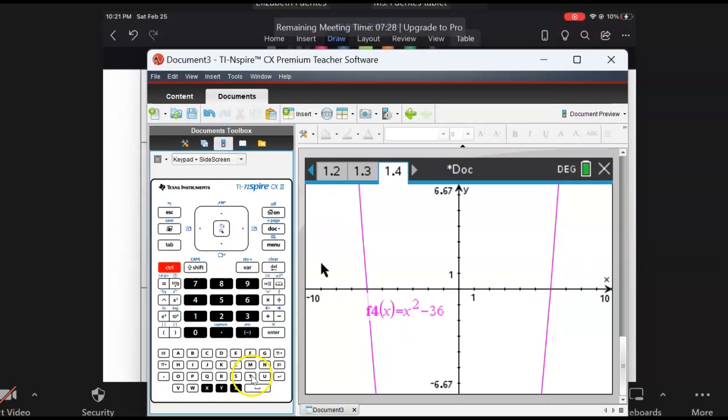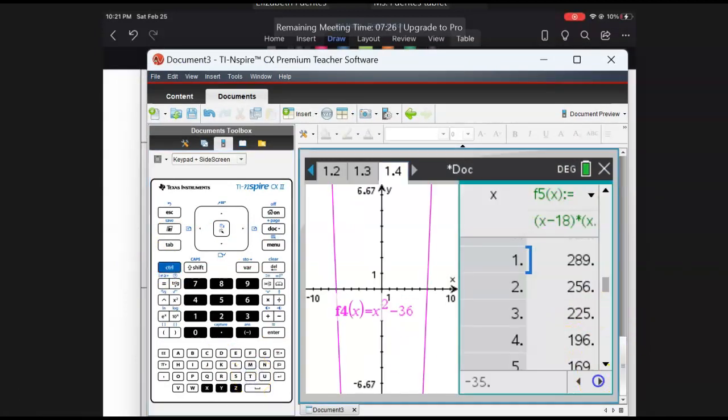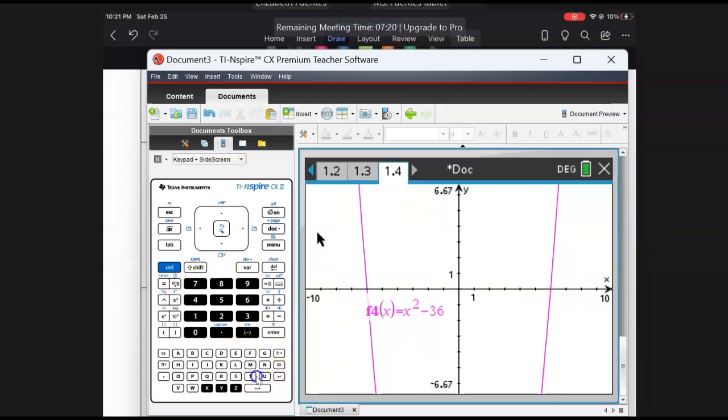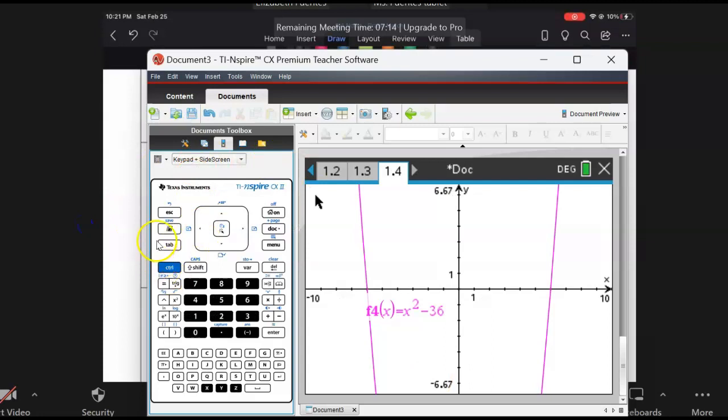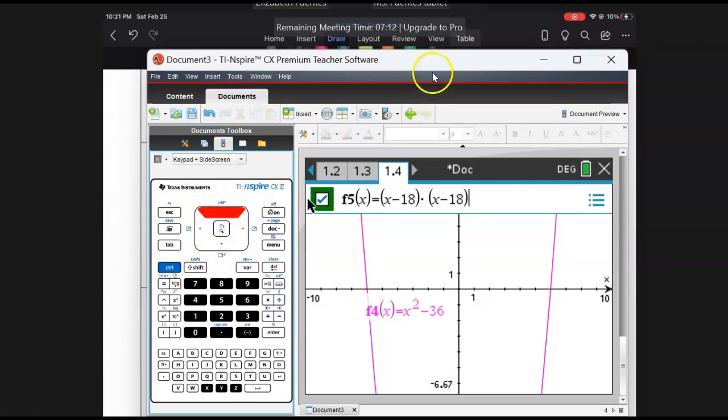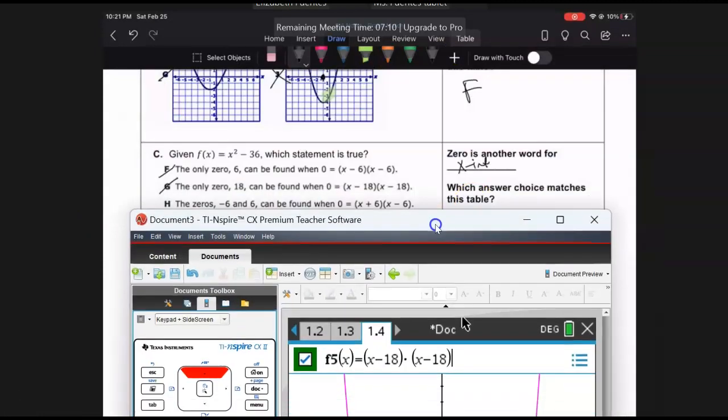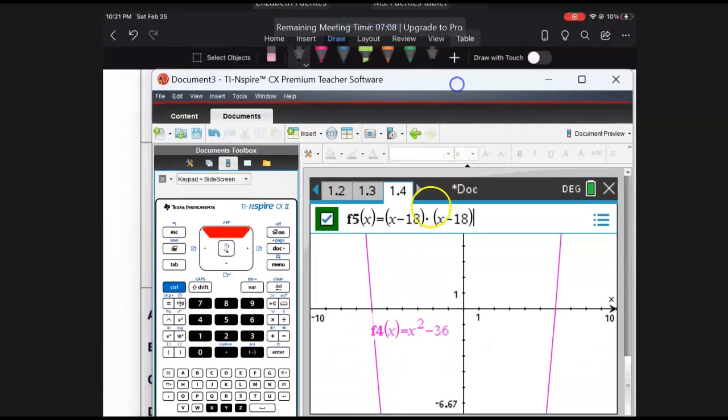So let me do Control T. I'm going to compare the values. Ooh, this one's really off. So not that one. So not G. I'm going to press tab and up again. And I'm going to try answer choice H, plus 6 and minus 6.